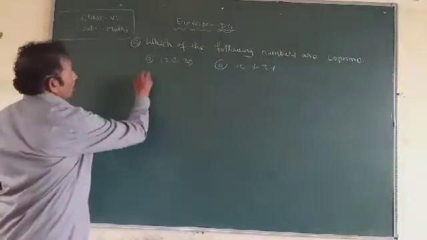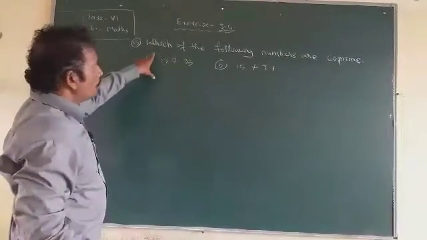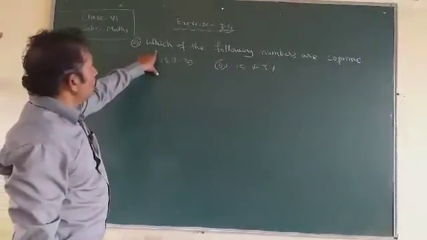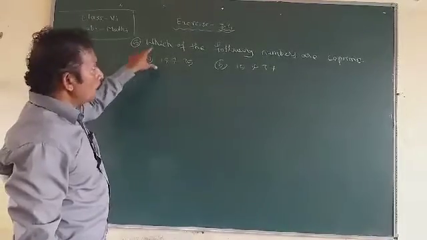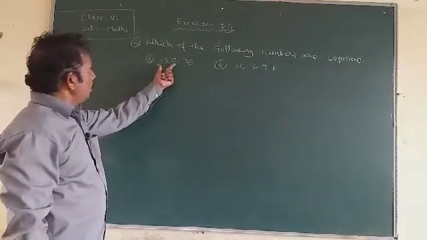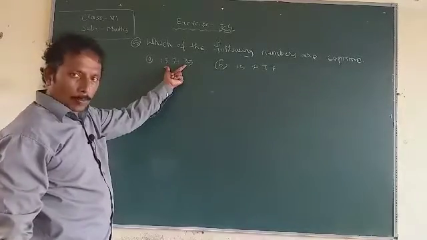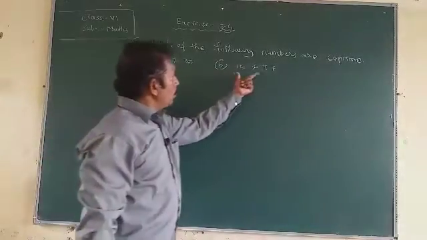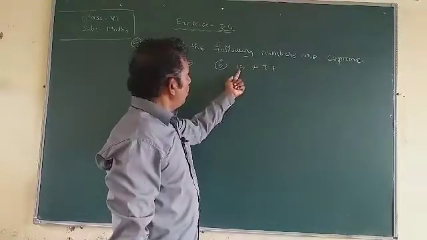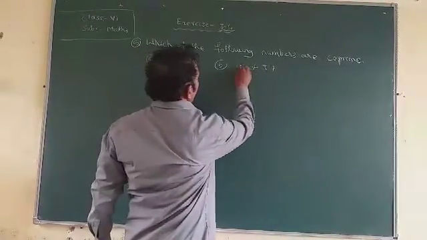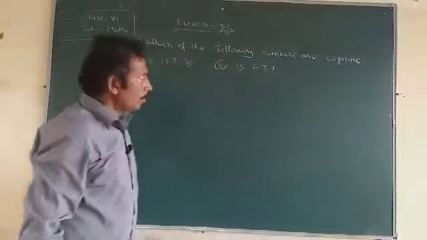Students, in this question, we need to check whether 18 and 35 are co-prime numbers. Question number B, whether 15 and 37 are co-prime numbers.